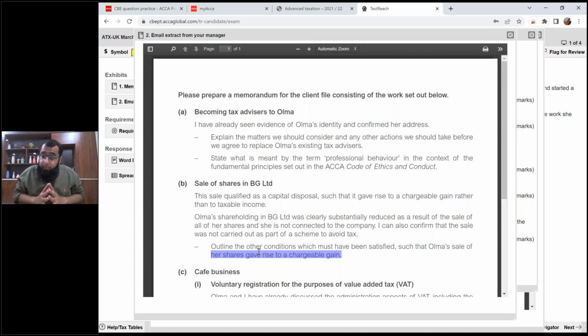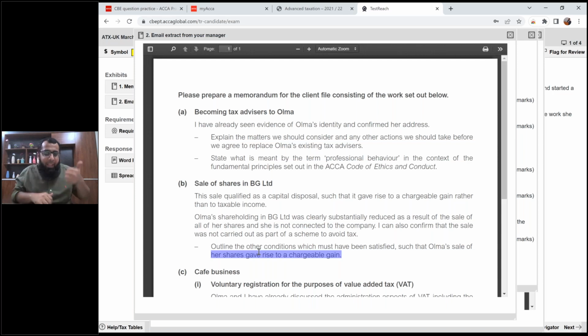Do you remember? The person should be UK resident. The company should be unquoted. 5-year holding period. Very good. Then the repurchase should be in the best interest of the company. Remember, the holding should not be more than 30% and the holding should reduce by 25%.